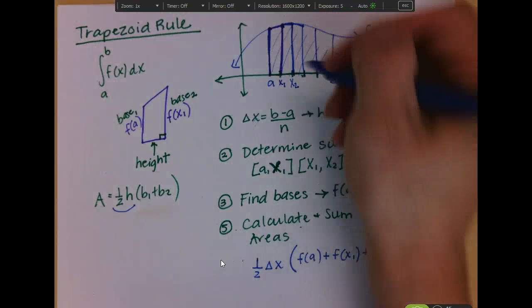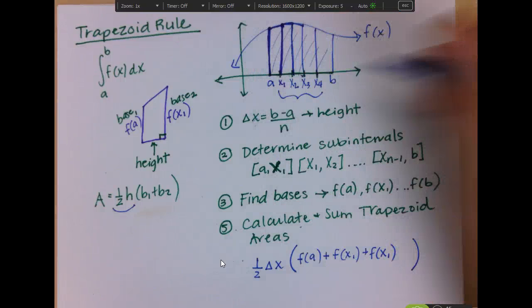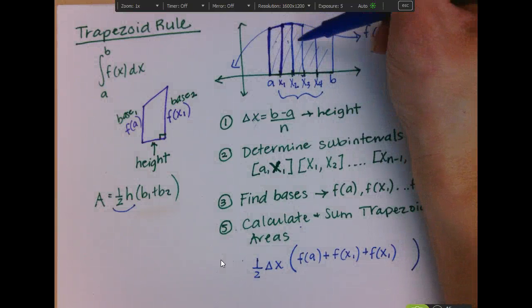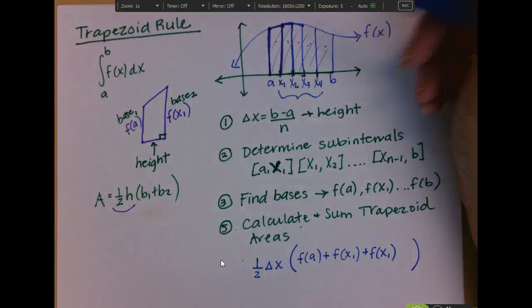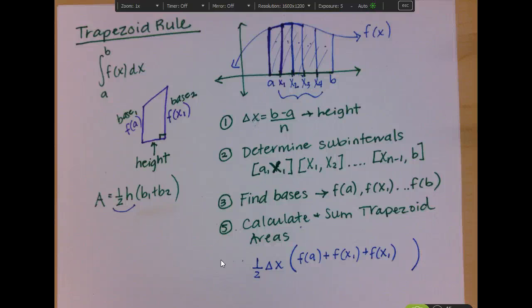Continuing on the pattern, it looks like for all of these inner bases, since they border 2 different trapezoids, they all get counted twice. And then our endpoints, a and b, only border 1 trapezoid, so they only get counted once.